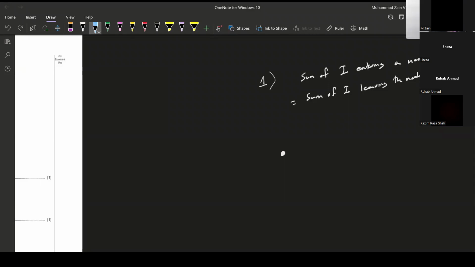So for example, if this is a node, and there are wires bringing in currents I1, I2 and I3, and I'll give these values later. Then there are two wires giving out current.